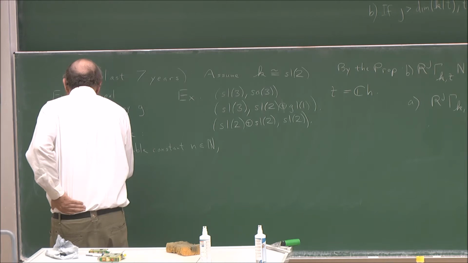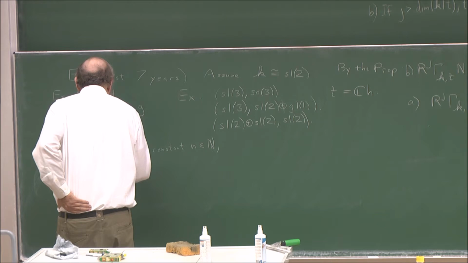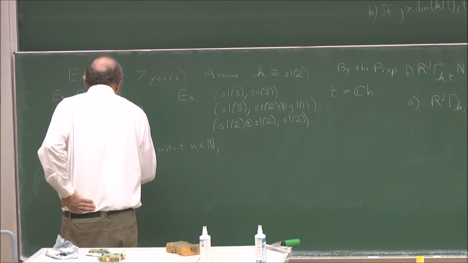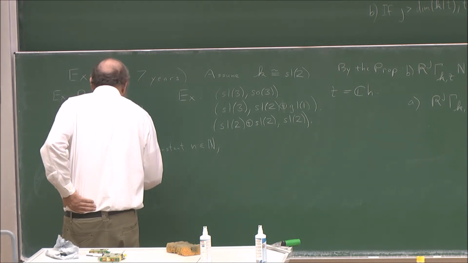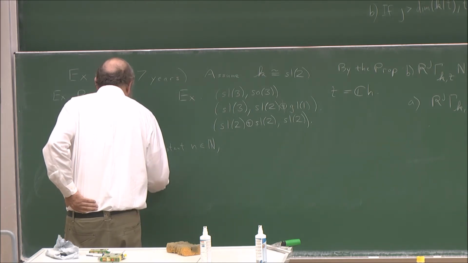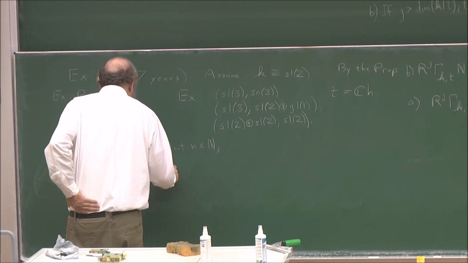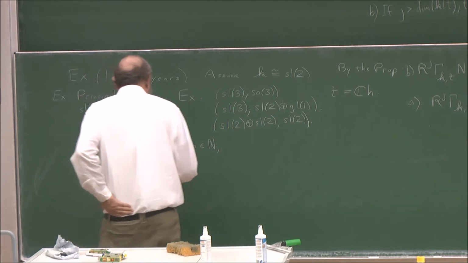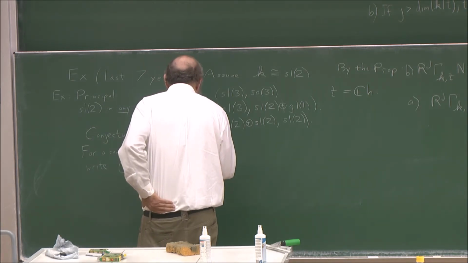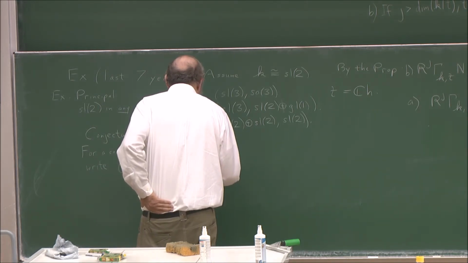Let's now write C(G, B bar, T, N) in the category of (g,T) ones.